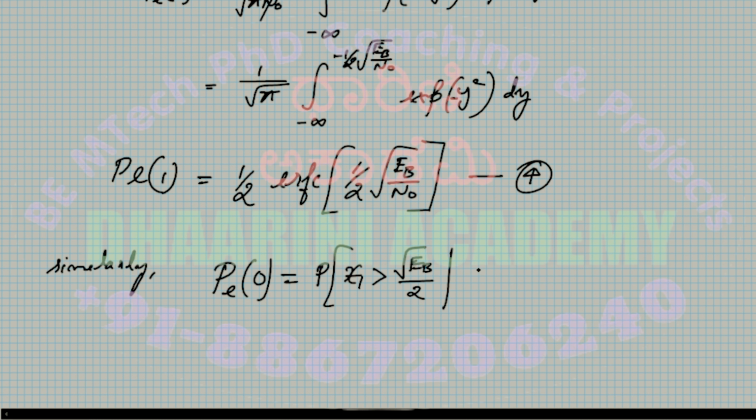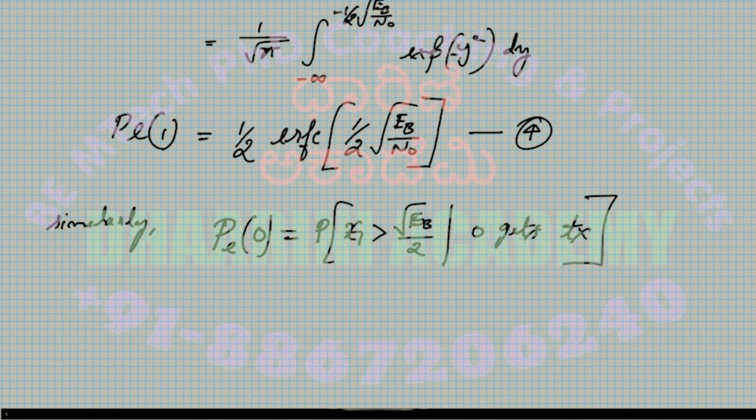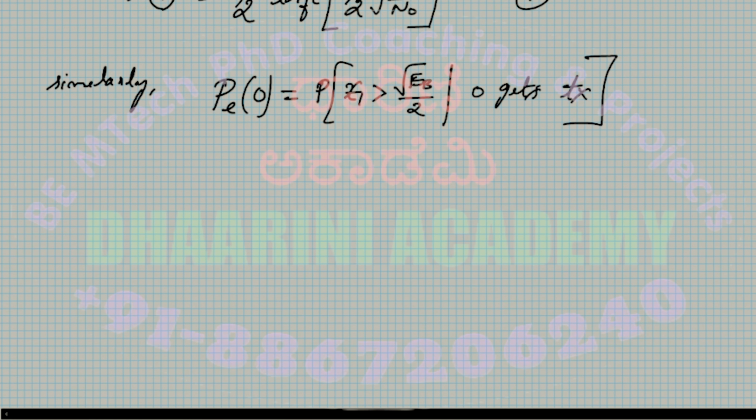So whenever you send 0 and the received sample x1 is more than root Eb by 2, that's the error corresponding to 0.